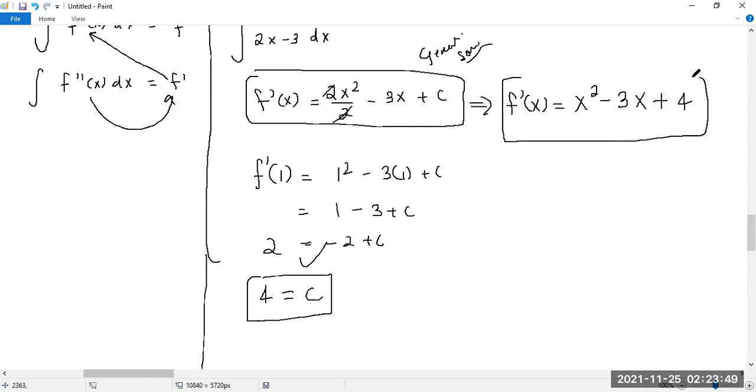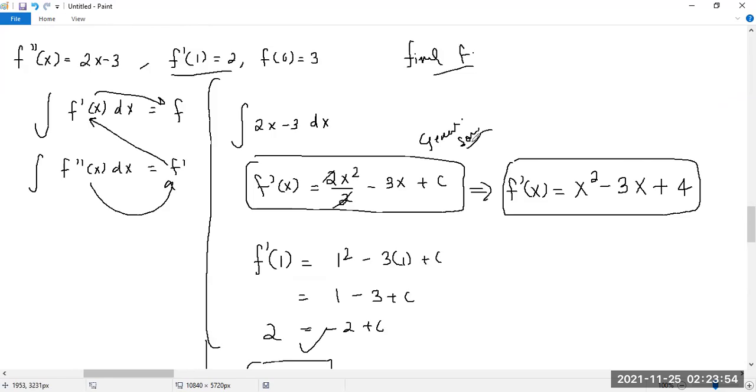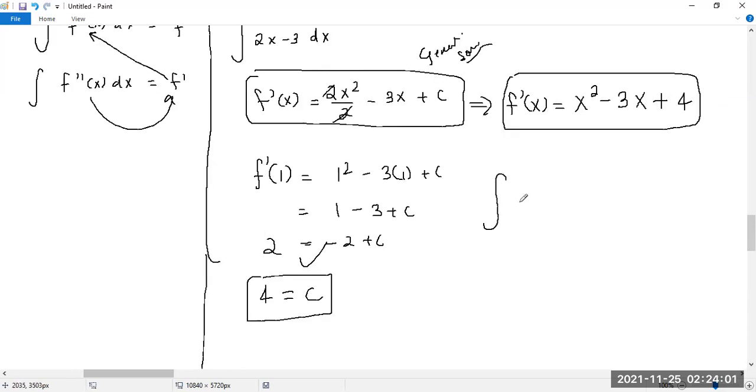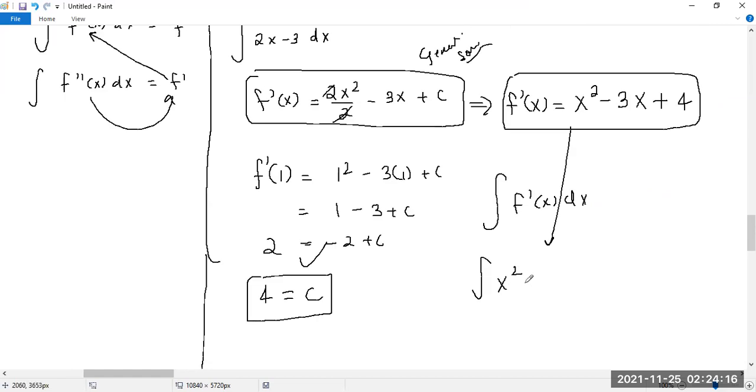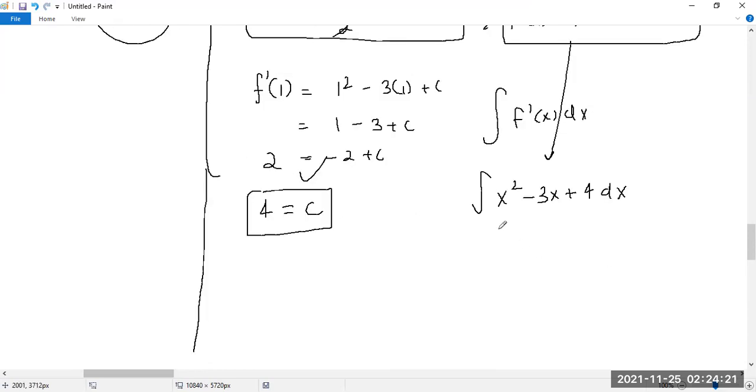So this is f prime. And now if I want the original function, I just have to take the integral of it and I will get the original function back. So I would have to put this inside the integral.